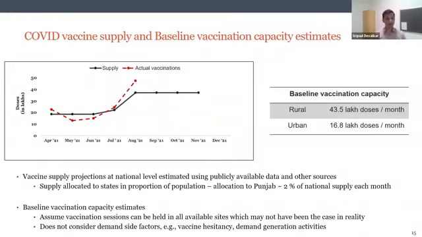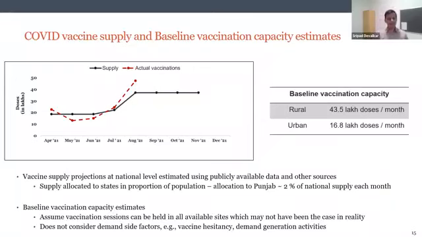Now, it turned out when we looked at the actual vaccination numbers in Punjab from the data put out on the COVID dashboard, our supply estimates are not too far off. As you can see, the actual vaccination numbers in the months of April to August are quite close, but there is a temporal mismatch. There are months in which the actual vaccinations are lower than our supply projections, and months in which it is higher.